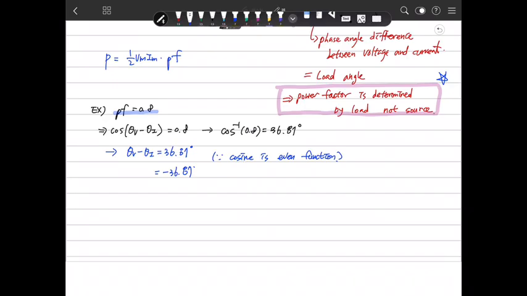When theta V minus theta I is positive, we say the current is lagged by the voltage.